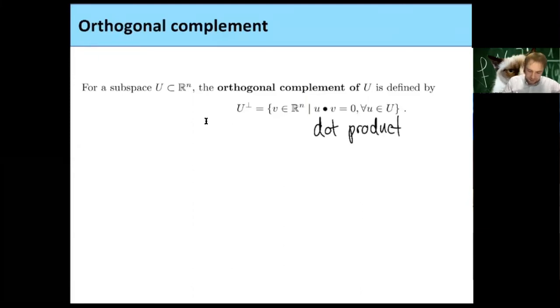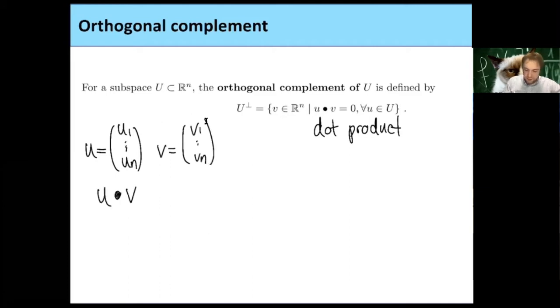And this is, if I have 2 vectors with entries U1 up to UN and V1 up to Vn, then the dot product of these 2 vectors is just a number. And this is just given by multiplying U1 with V1 plus U2, V2 up to UN, Vn.